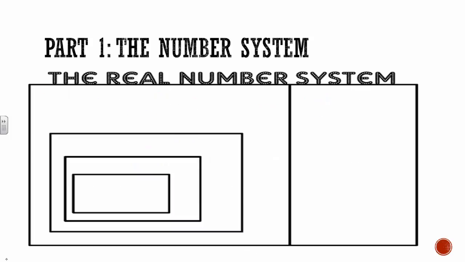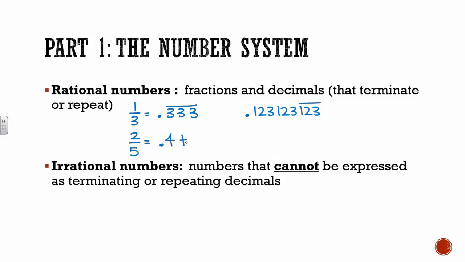So this one terminates. You can think of like the Terminator. It stops whatever is in its way. So this decimal terminates. These ones repeat. These are both rational numbers, where an irrational number cannot be expressed as a terminating or repeating decimal or a fraction.